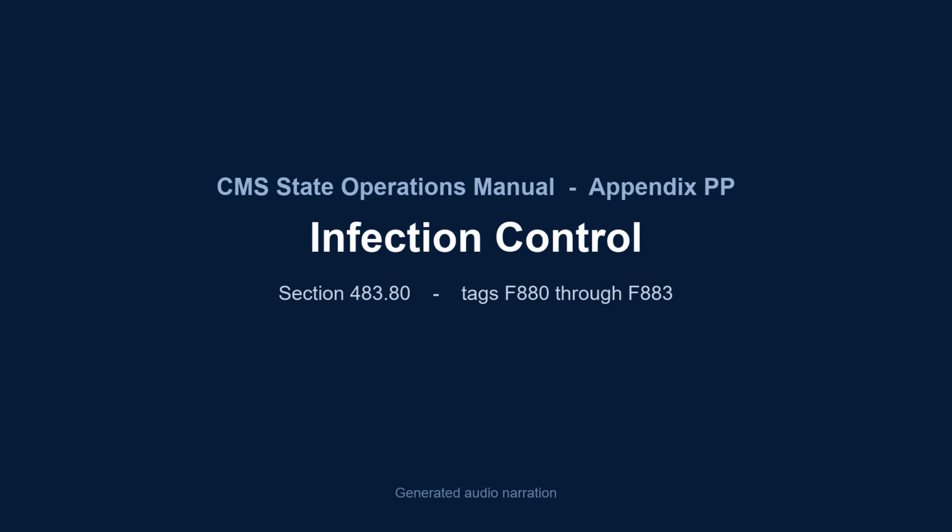62 Occupational Safety and Health Administration. Title 29 Part 1910.1030 Bloodborne Pathogens.